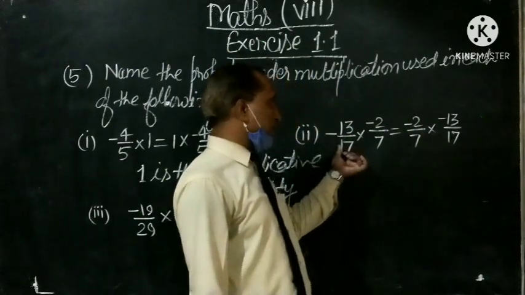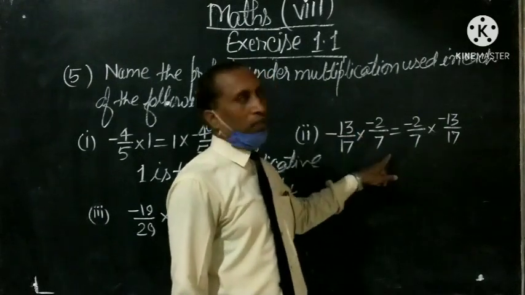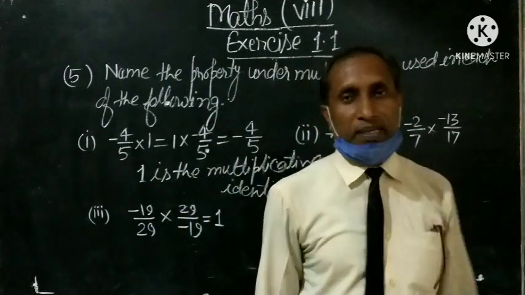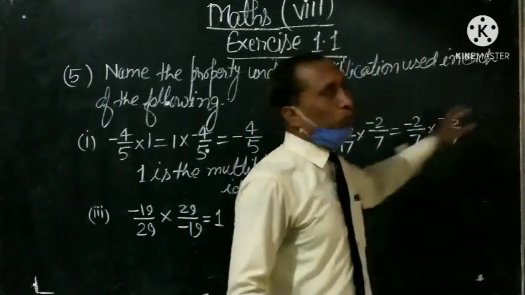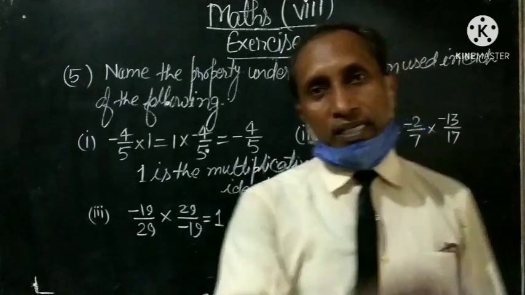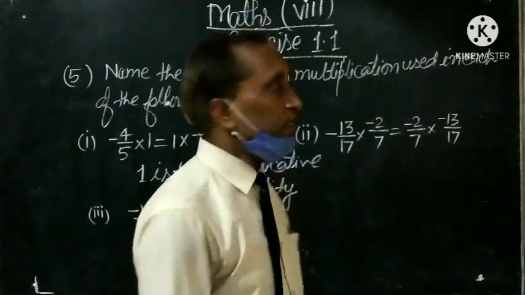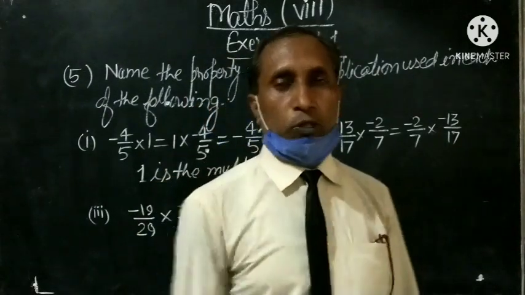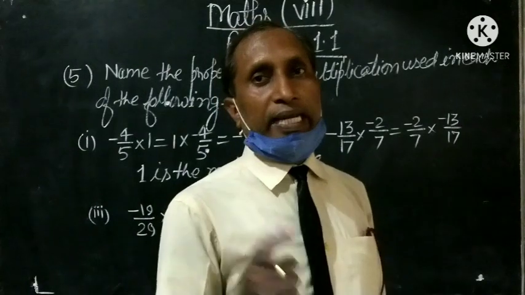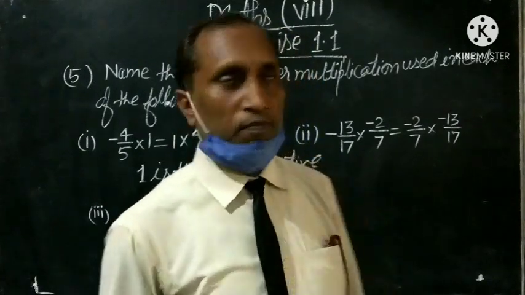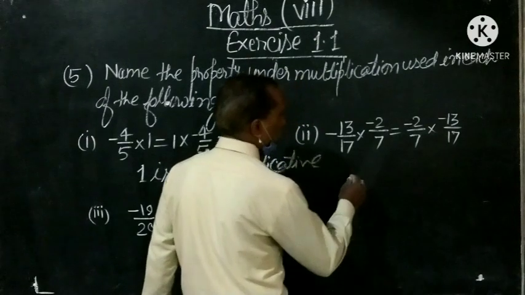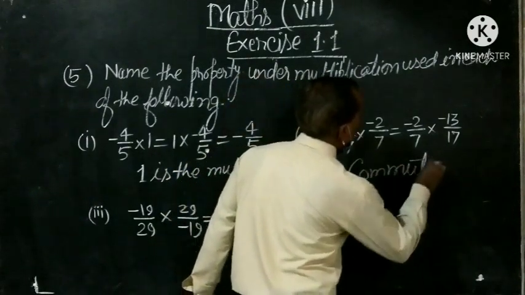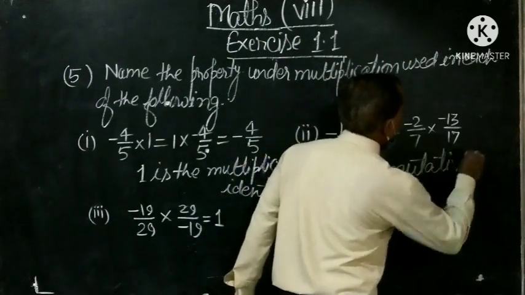Like here, minus 13 upon 17 into minus 2 upon 7 is equal to minus 2 upon 7 into minus 13 upon 17, meaning A into B is equal to B into A. This property is known as the commutative law of multiplication, which is commutativity.